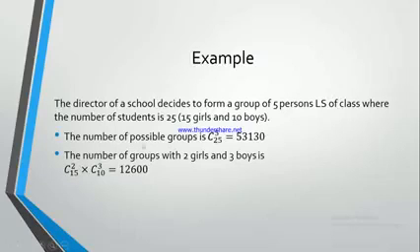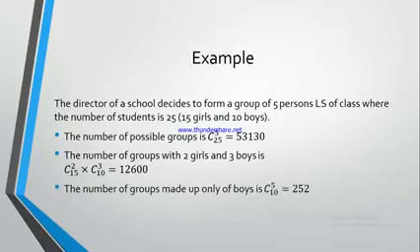The number of groups with 2 girls and 3 boys is 15 choose 2 times 10 choose 3, and this is equal to 12,060 groups. The number of groups made up only of boys is 10 choose 5, which is equal to 252 groups.